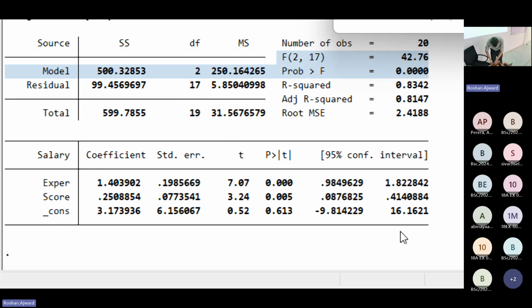So let me write it for you. How to write the equation?